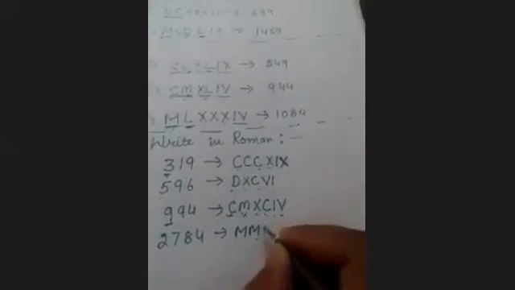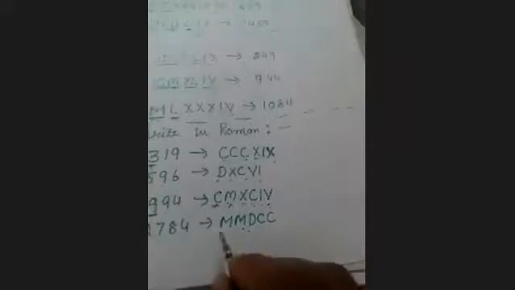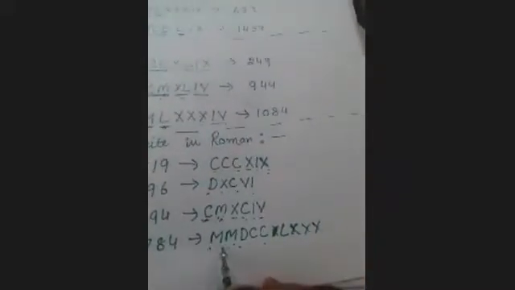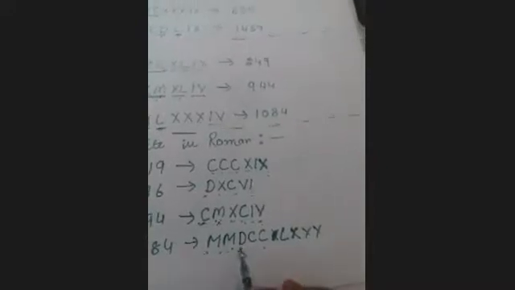Then D is 500, so 2500. Then C: 2600, and another C: 2700. Now write 80: LXXX. 60, 70, 80.